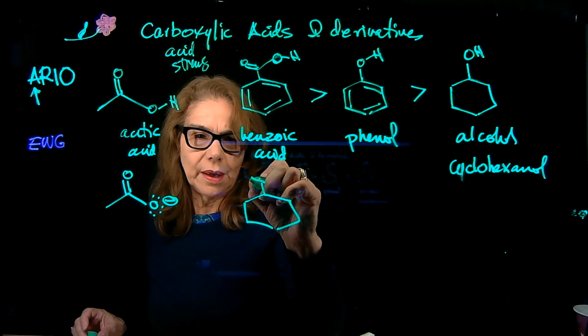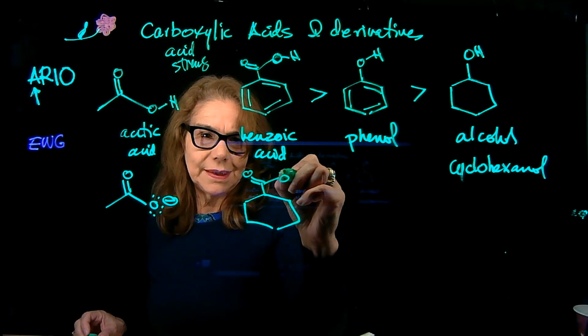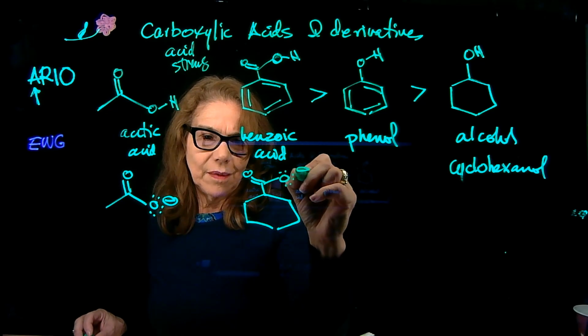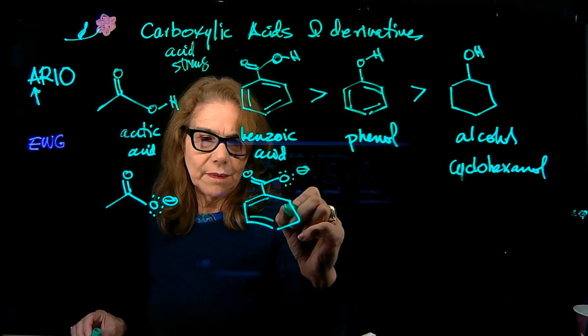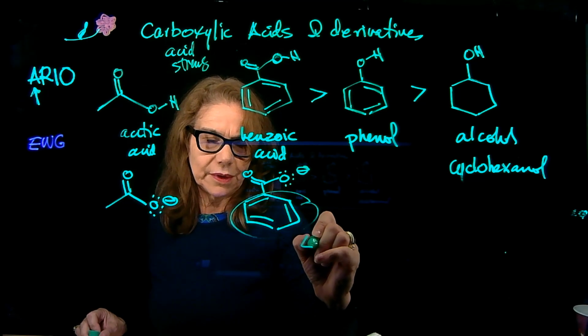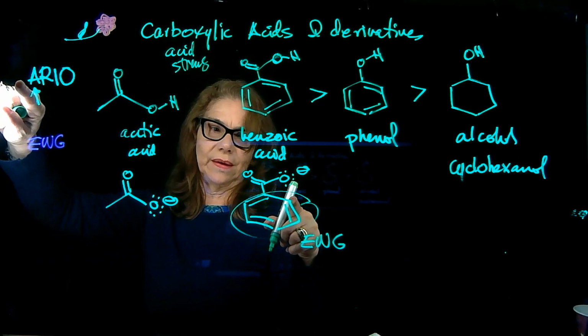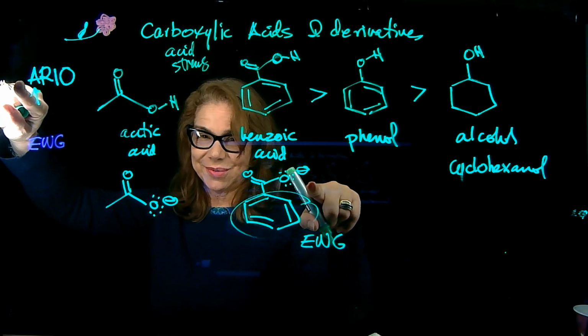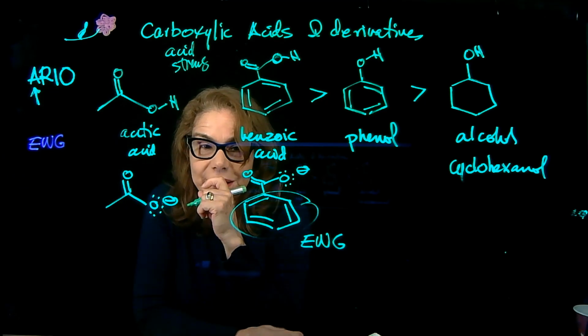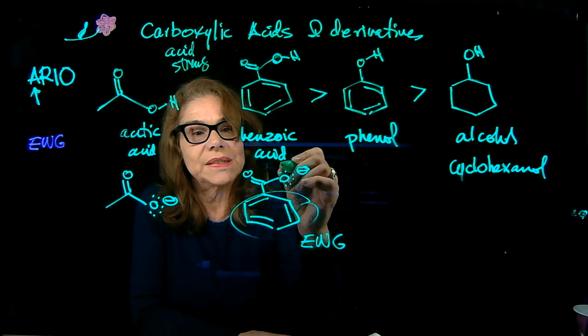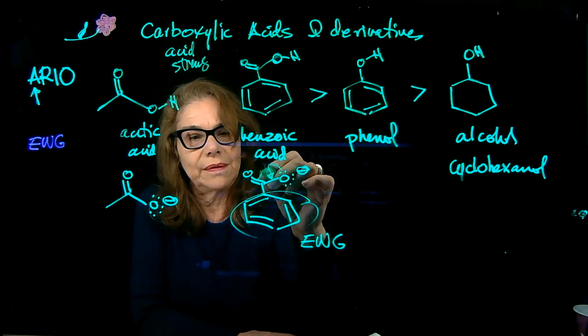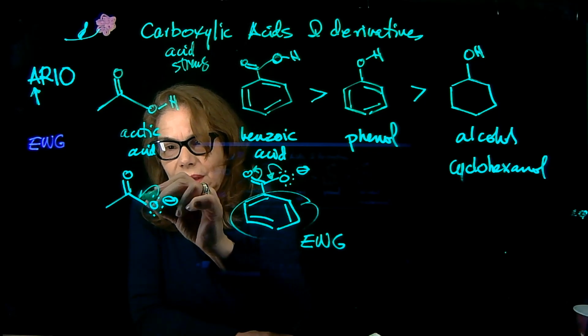Now this whole group is an electron withdrawing group. When that happens, the atom is the same in the conjugate base, with charge on oxygen and resonance in the carboxylic acid group. This is the same. We can do this in both.